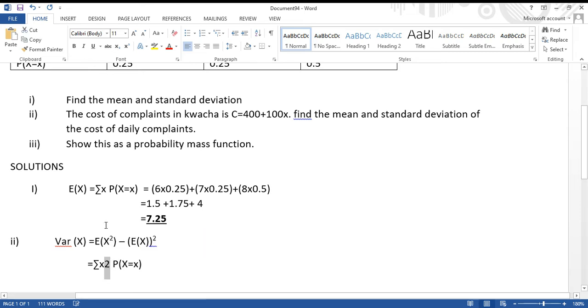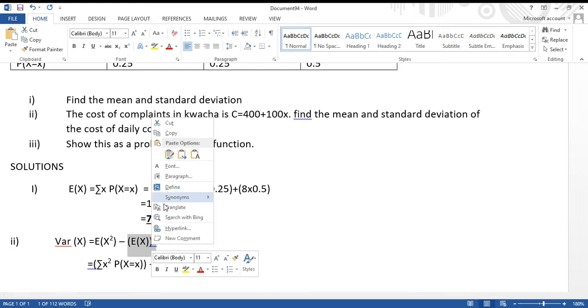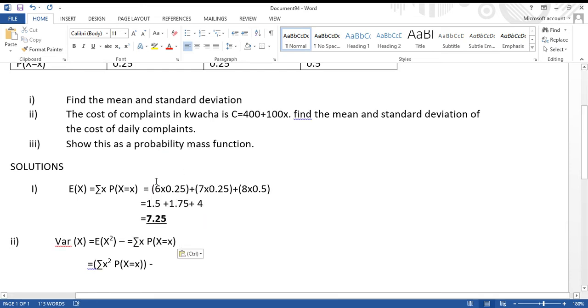Okay, we're going to square our random variables and then multiply them by each of the probabilities of our variance. So here basically I'm just simplifying the formula.